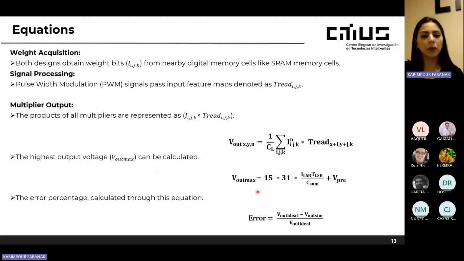The maximum voltage is expressed by an equation in which the weights range from positive 15 to negative 15, which is 31 values, and we also have the maximum value for the input. The error percentage has a specific equation that quantifies the deviation between the ideal and the simulated value.